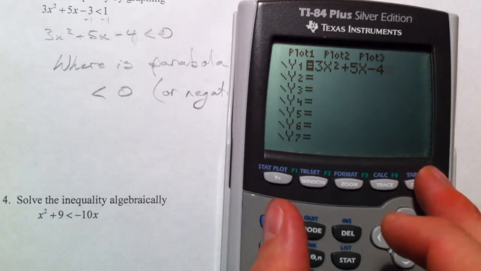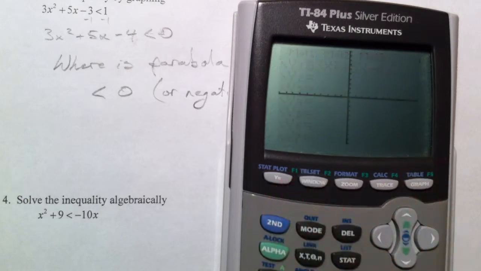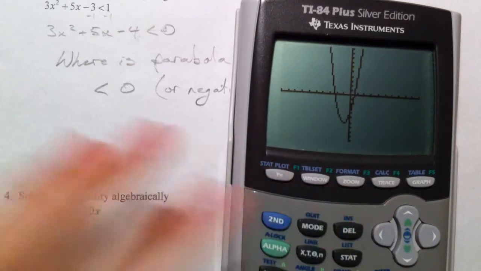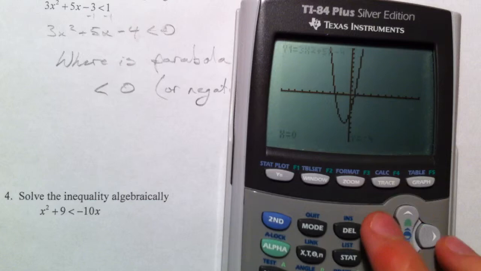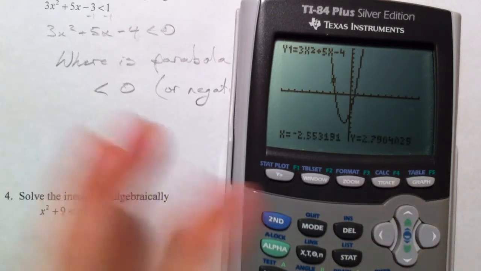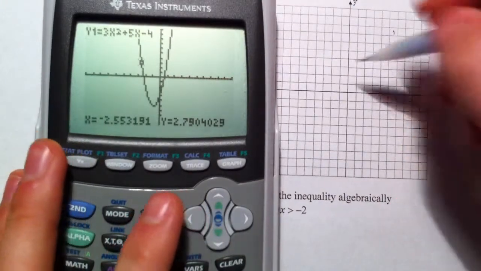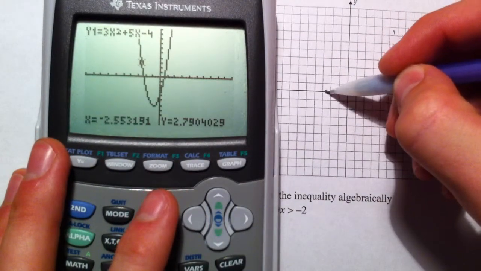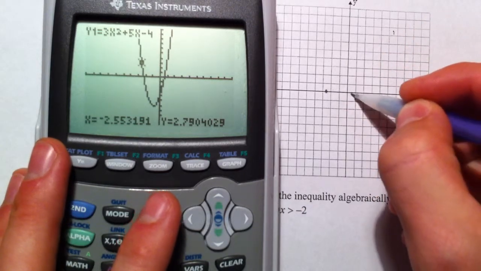And so one way of doing this is, you have it graphically here. And so where is this happening? Well, you could trace, right? Or we calculated that value. It looks like it's crossing at about negative 2.5 and about a half.